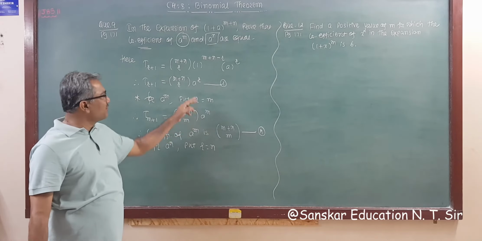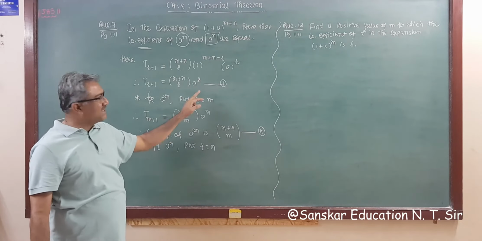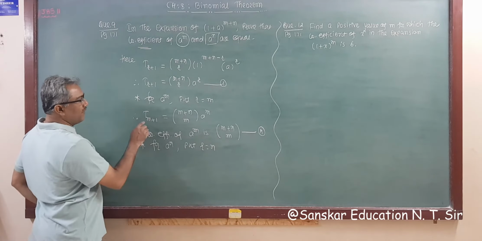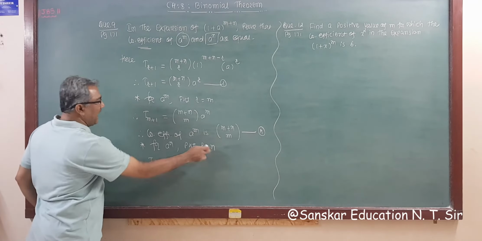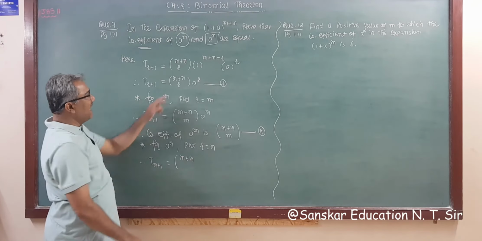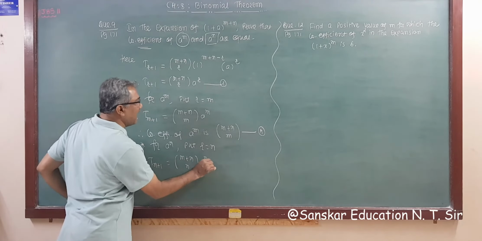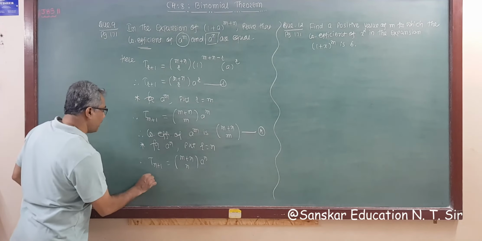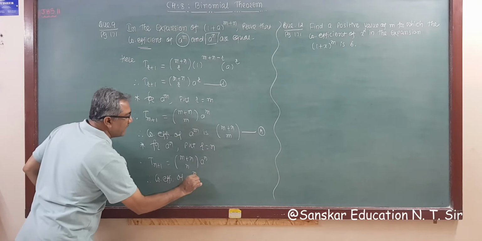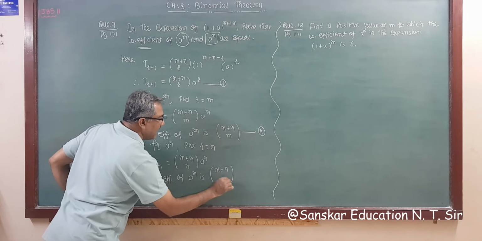We are not writing it out, because it is a general term, as in previous examples. So T(n+1) is (m+n)Cn into a^n. So the coefficient of a^n is (m+n)Cn, right?